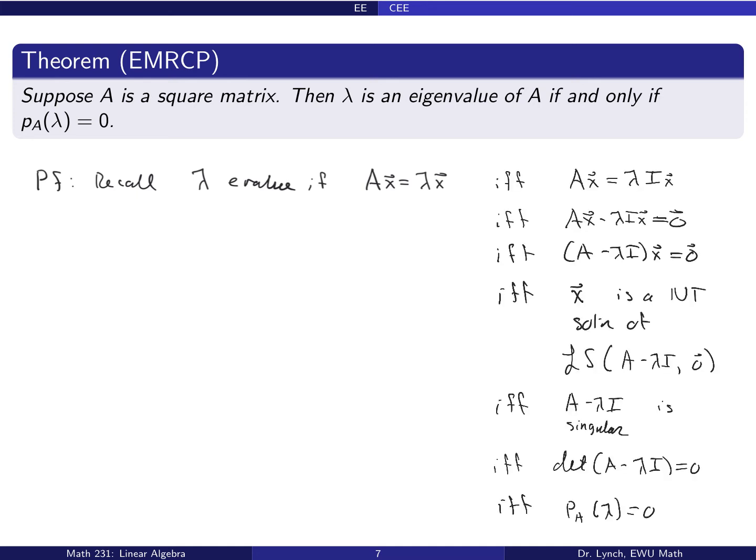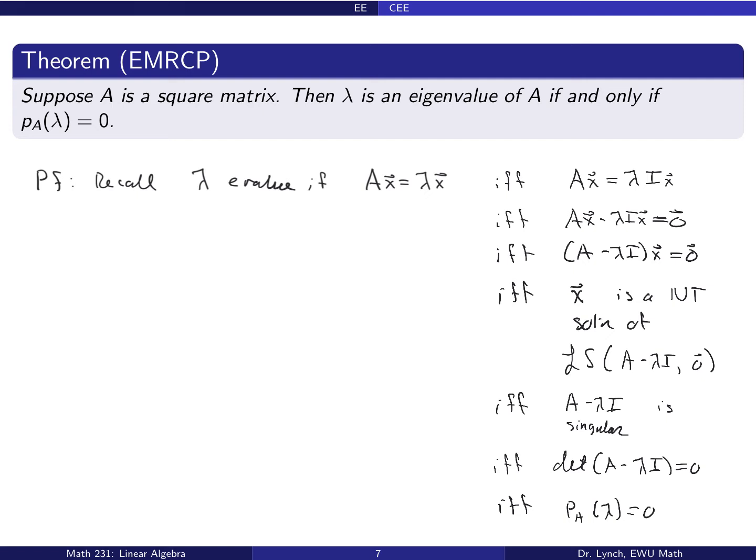So here's the chain of equivalencies. Lambda is an eigenvalue if Ax equals lambda x, if and only if Ax equals lambda times I times x. Now, of course, we can manipulate this equation to rewrite it as (A minus lambda I) x equal to 0.